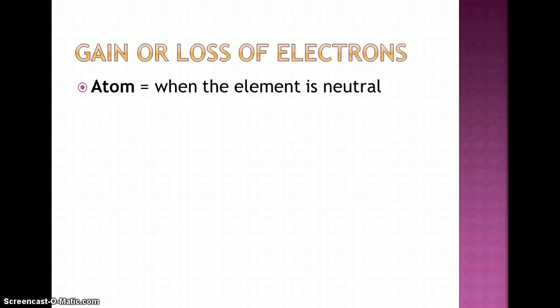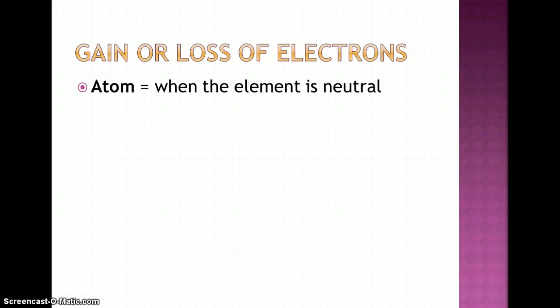So first of all, every element occurs in a neutral state. We call it an atom. Atoms don't exist very long because elements want to be stable. Yes, they're neutral in charge, but they want to have the stability that other elements do by having 8 electrons in their outermost shell.